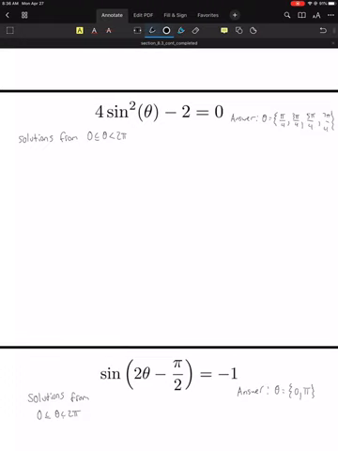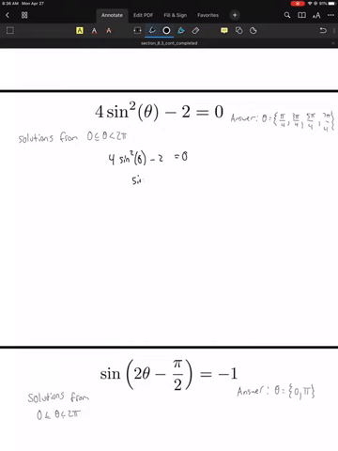The first thing that you're going to want to do in any of these problems is try to get sine of theta, or whatever trig function we're using, by itself on one side. Here that's not really a hard problem. I start off with 4 sine squared of theta minus 2 is equal to 0.